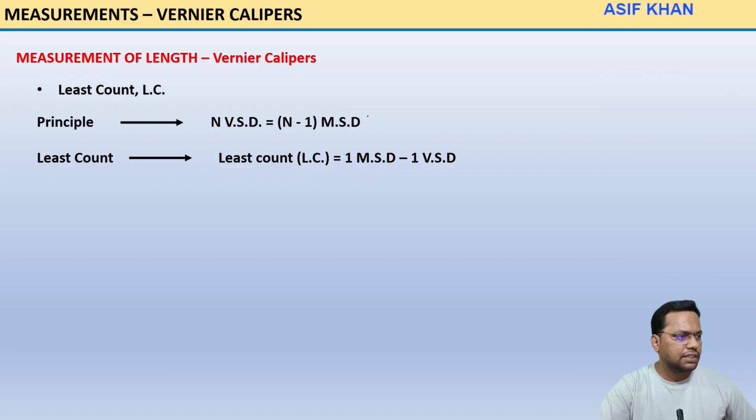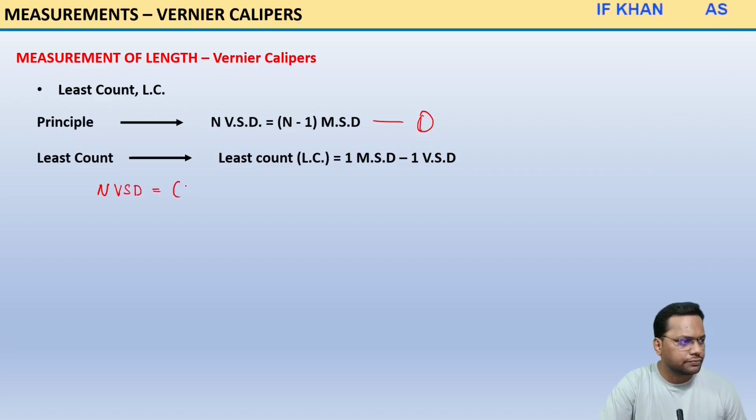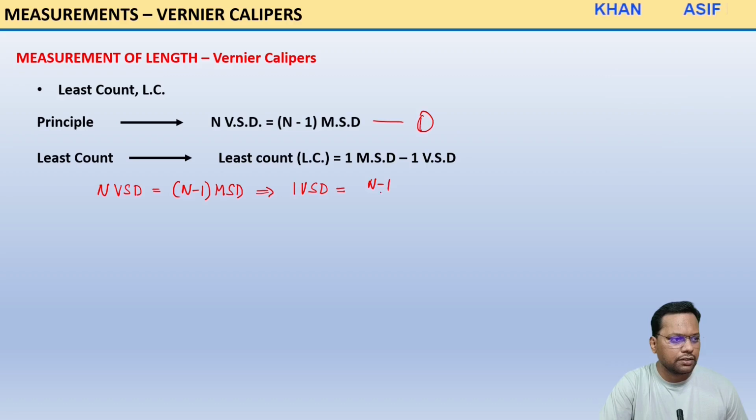Now from the first expression we can find out what is 1 Vernier scale division. We already have n VSD is equal to n minus 1 MSD. From this we can write the expression for 1 VSD, that is 1 VSD is equal to n minus 1 divided by n into MSD.